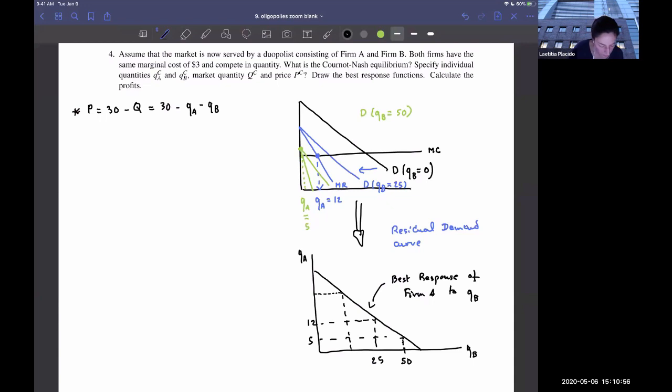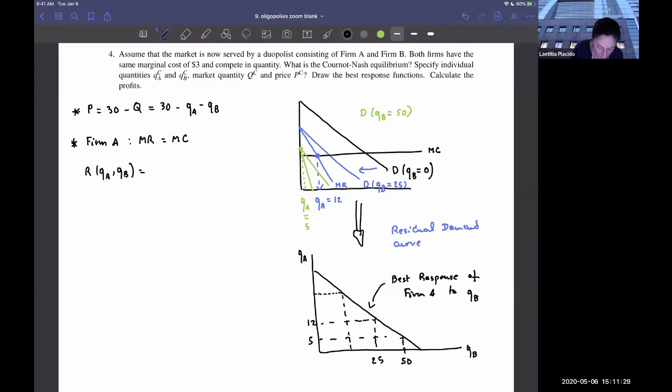Okay, so here I'm gonna first solve the problem of firm A. So firm A is gonna set marginal revenue equals marginal cost. Okay, the thing is marginal revenue is gonna be a little bit different this time. So what is total revenue? So total revenue, first notice that it's going to depend on both the quantity QA and the quantity QB.